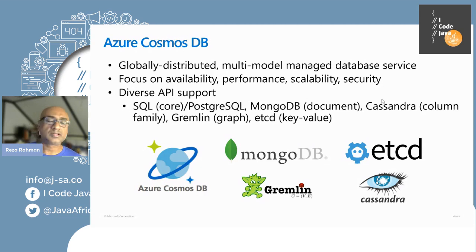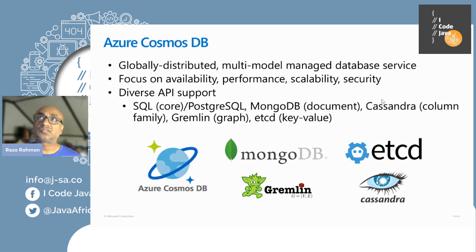You can use Cassandra as an API to access Cosmos DB, so it'll look and feel like Cassandra, just like it can look and feel like MongoDB. You can also use a Graph API to access Azure Cosmos DB, in particular Gremlin. You can also access Cosmos DB using a key value pair style API, etcd, which is a popular name value storage mechanism.